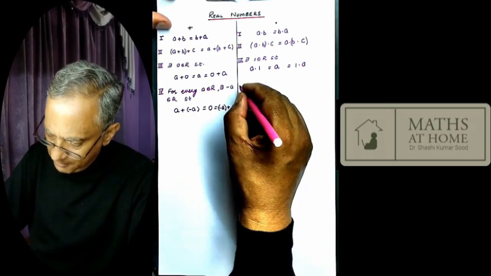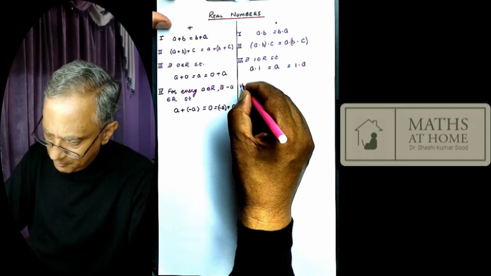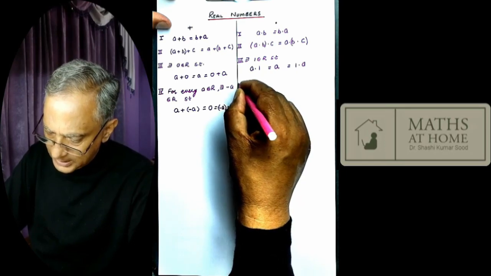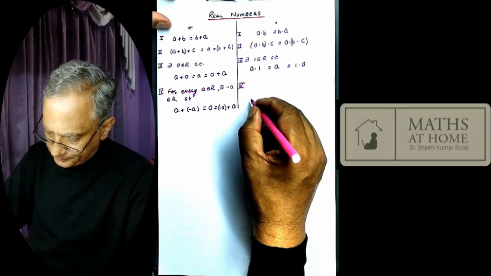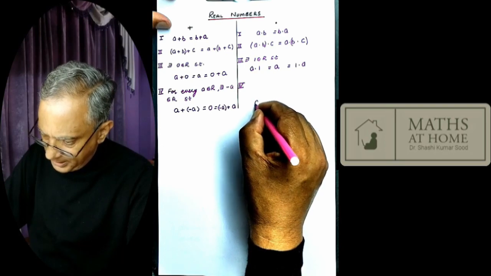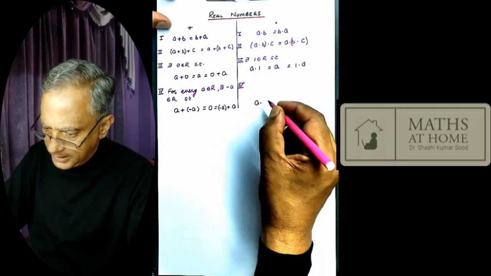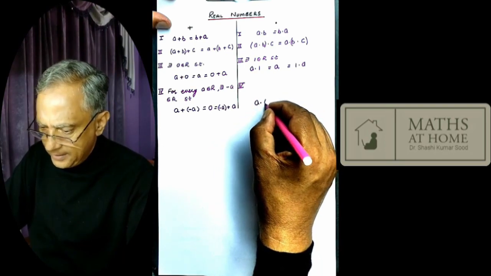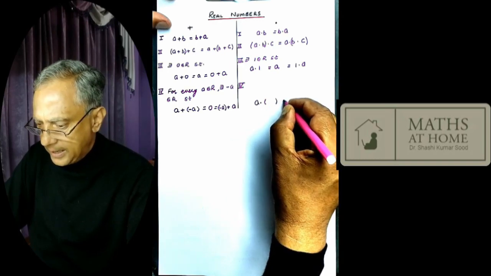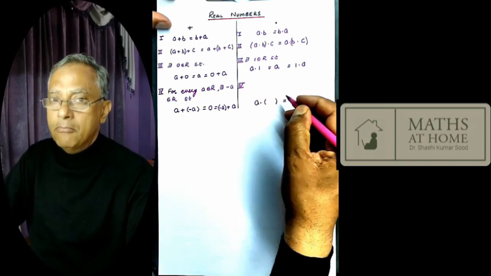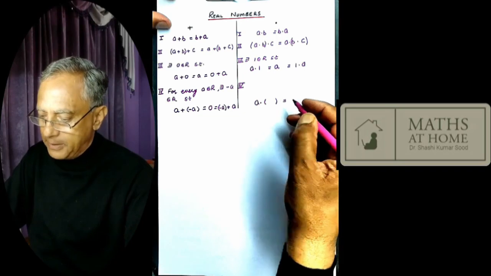And similarly, multiplicative inverse. Multiplicative inverse is that number which when multiplied with A gives us identity. Which identity? Multiplicative identity. Operation is multiplication.